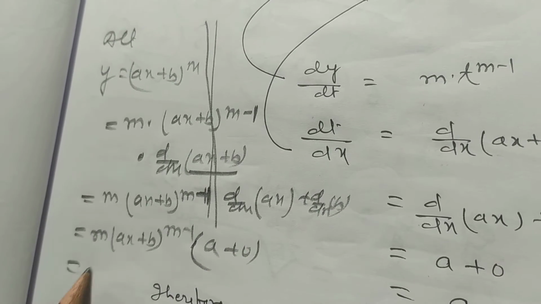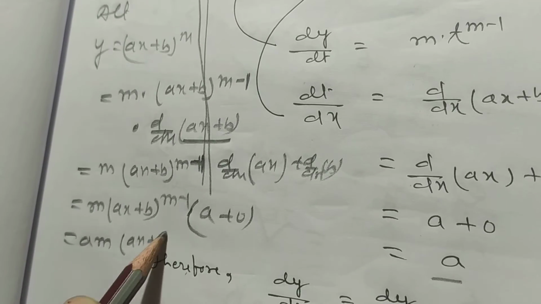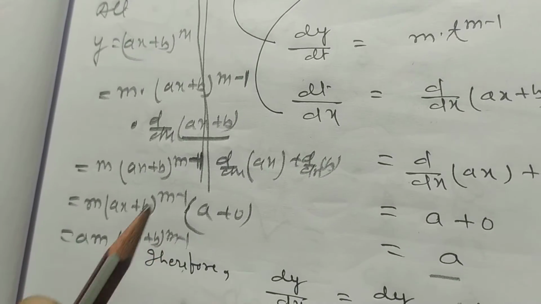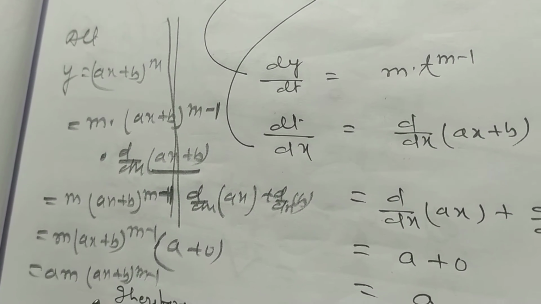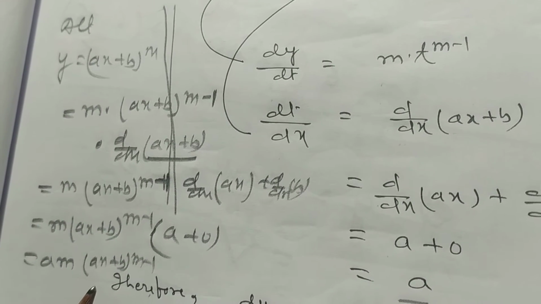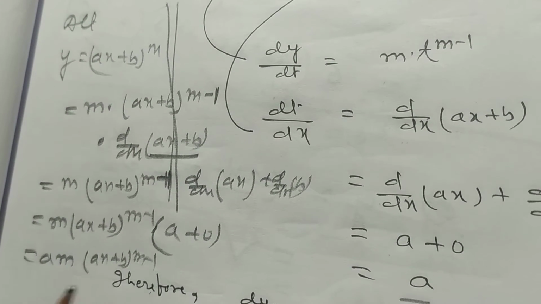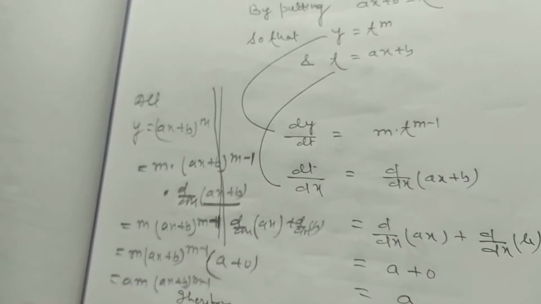So after solving we have am into ax plus b whole to the power m minus 1. So without considering the base as a different variable, you can solve this problem in this way. So it depends upon you how you will solve it.